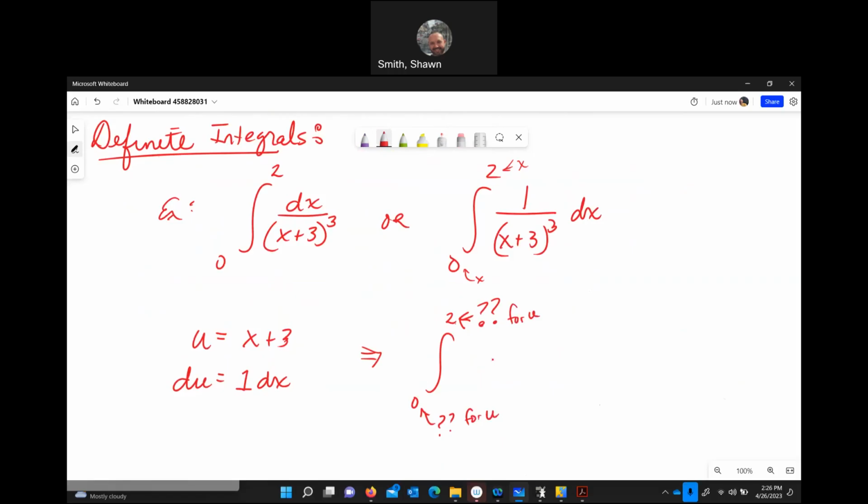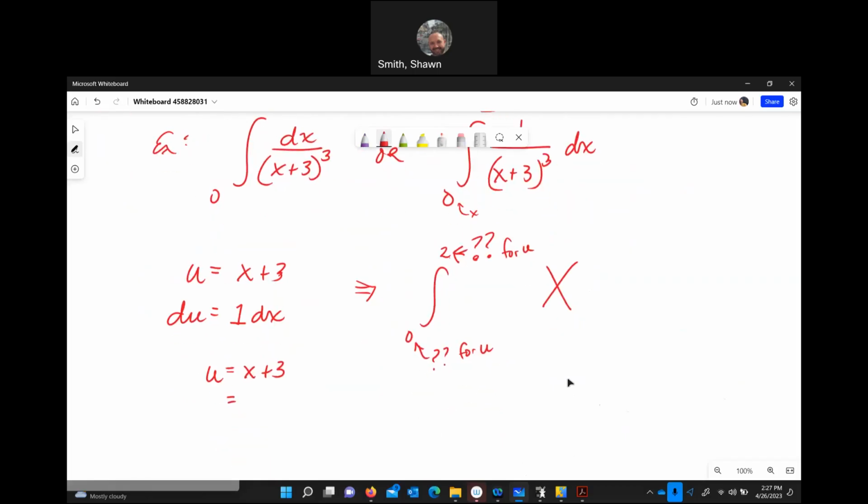So I don't put 0 to 2 anymore, because u is equal to x plus 3. So my lower limit is 0 for x, which gives 3, and u is equal to the upper limit 2 plus 3, which is 5. So this is going to go from 3 to 5 now.